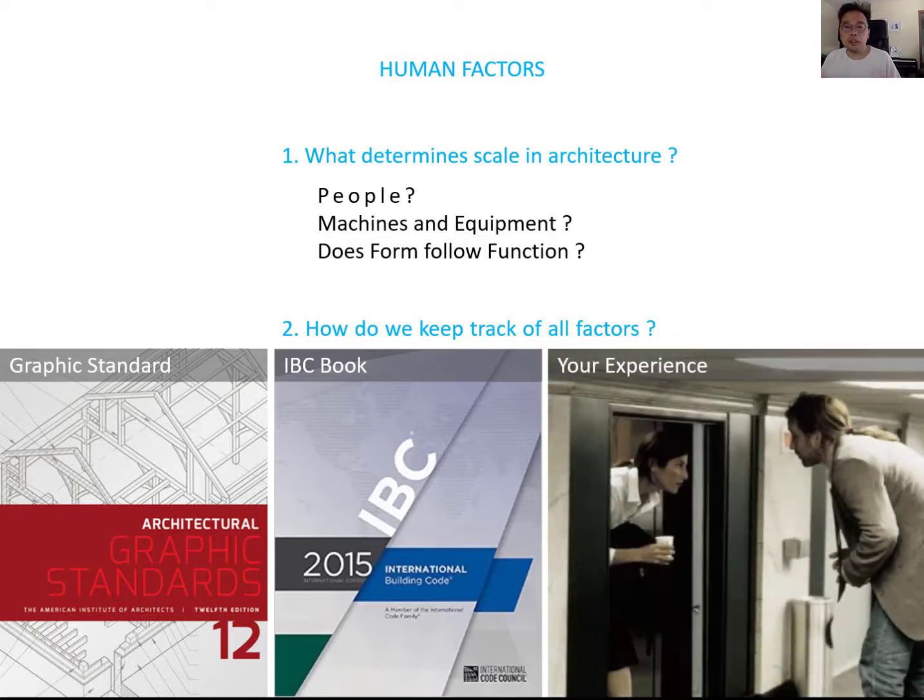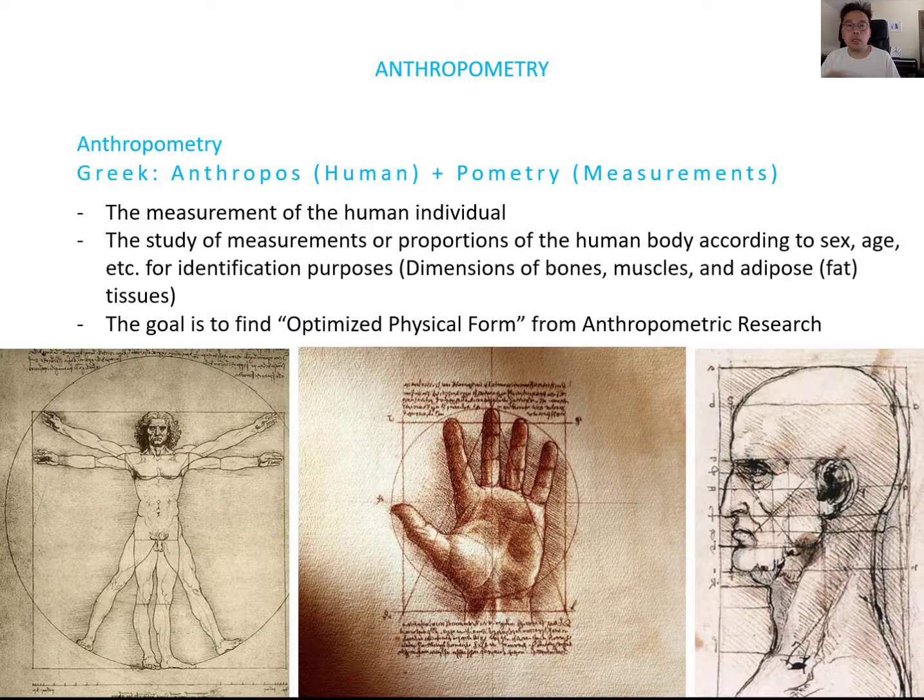Also, your experience is very important because you have already lived around 20 years. You already know which space is comfortable, which space is uncomfortable. It means you can easily adapt some spatial design from your experience. So anthropometry: anthropos is the human, and metry is measurement.